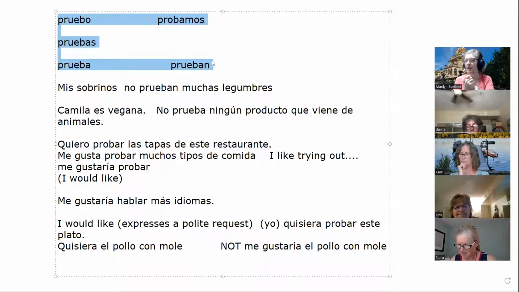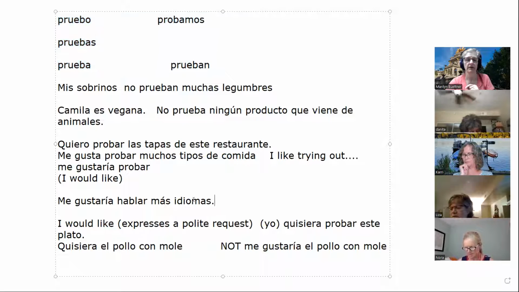Okay. I want you to talk about what food you often try, would like to try, right? Something like that. You could use the me gustaría, you can, but it's got to have an infinitive with it. So me gustaría probar, would like, versus, right?